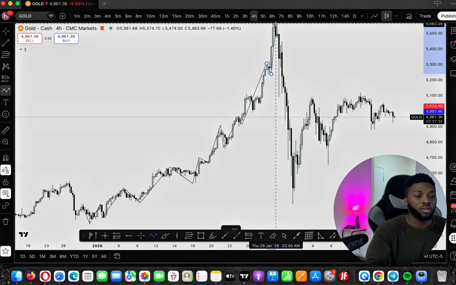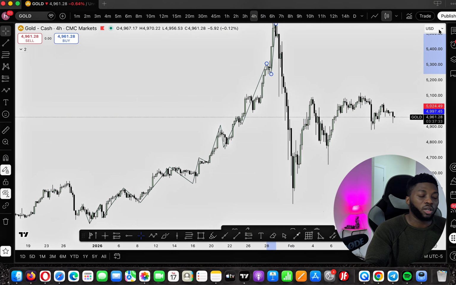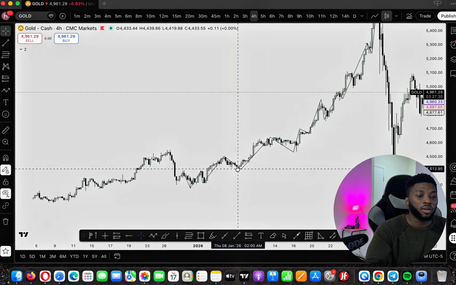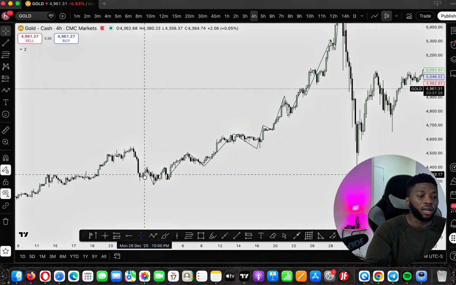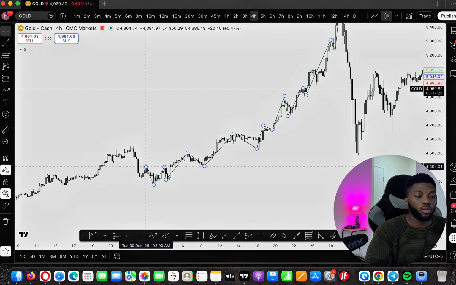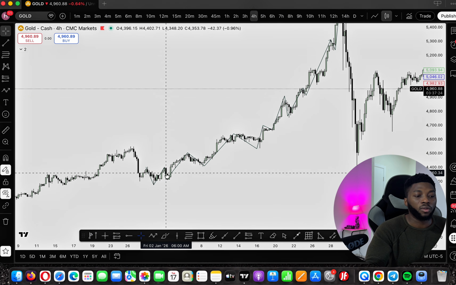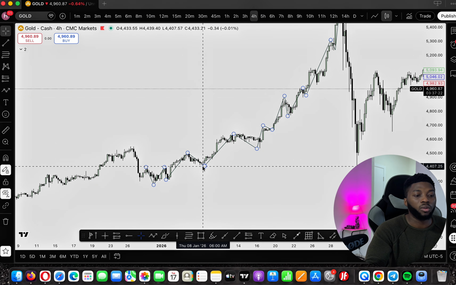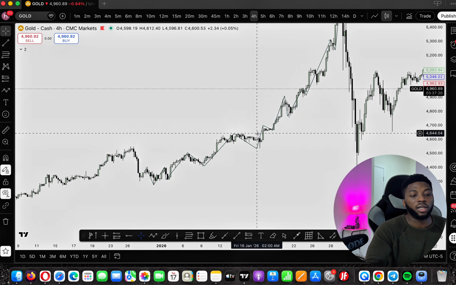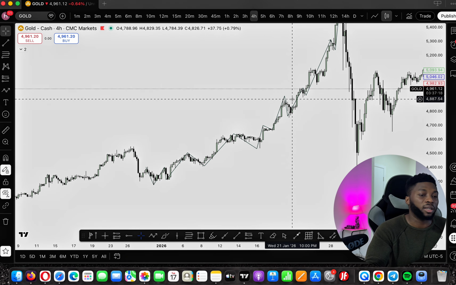So that's what I want to mark. What I just did here is just marking high to low, higher high, low, higher low, higher high, higher low, higher high, higher low, higher high, higher low, higher high, and so on.